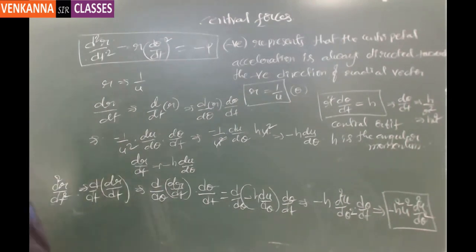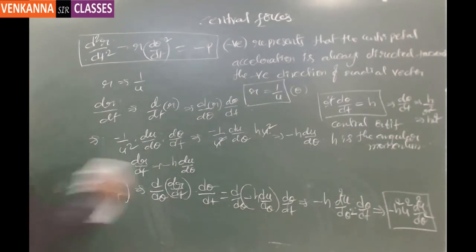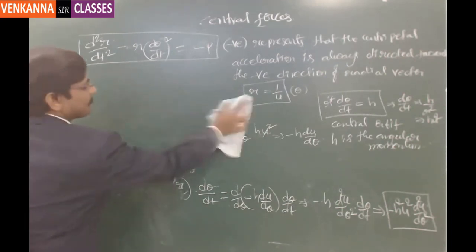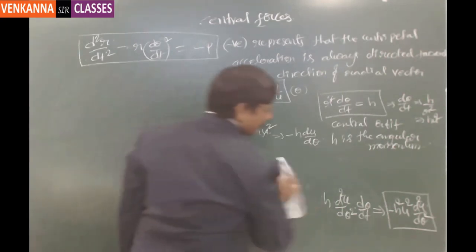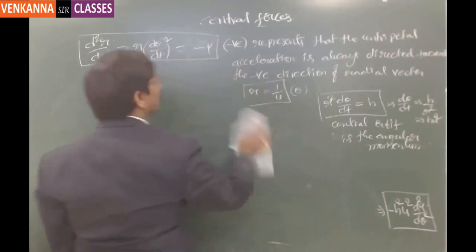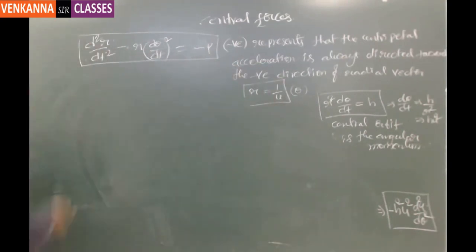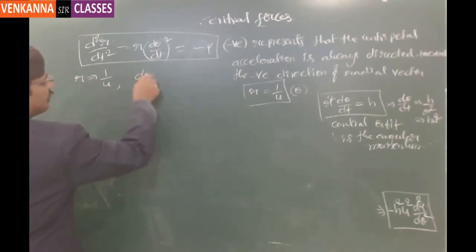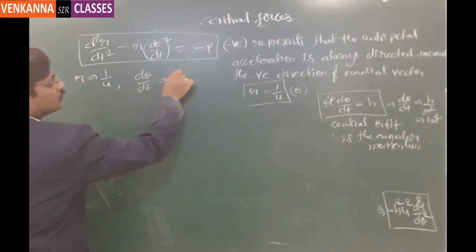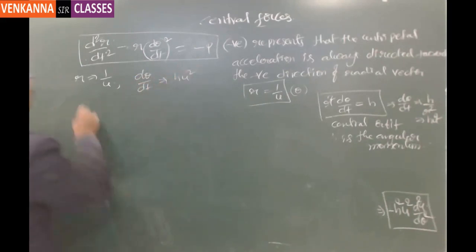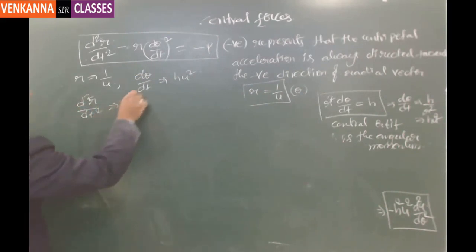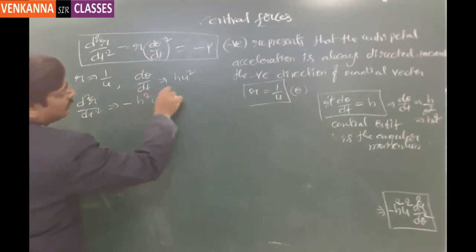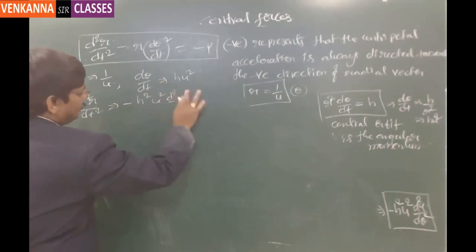Okay. Now this relation, if you put it there, these are the expressions we are going to replace here. One is r, you can replace as 1 by u, another is d theta by dt, you can replace as h u square, and another is d square r by dt square, you can replace as minus h square u square into d square u by d theta square.